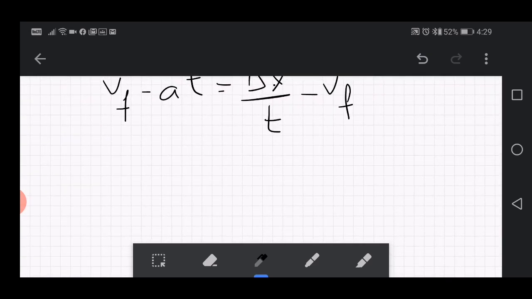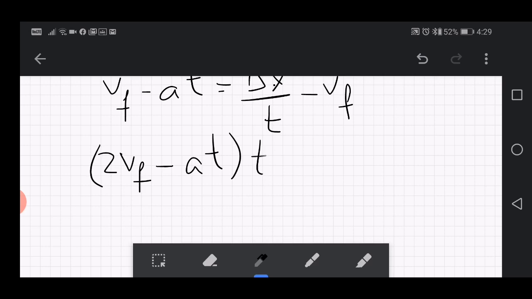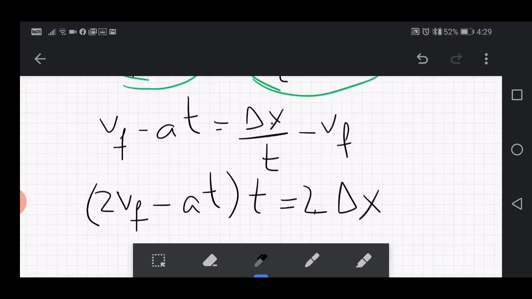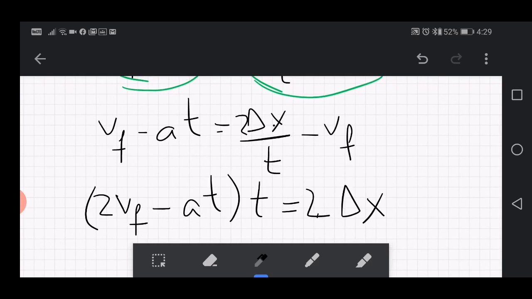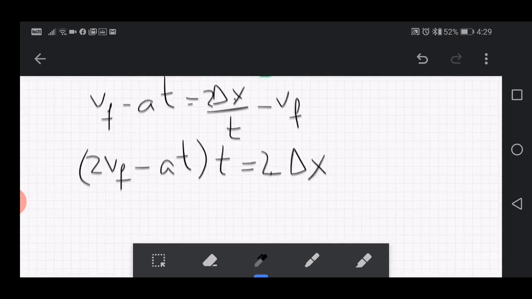Now we have to do some algebraic steps. 2 times final velocity minus at, all of it times t is equal to twice the displacement. I think I forgot that over here. Yes, you should have twice the displacement.